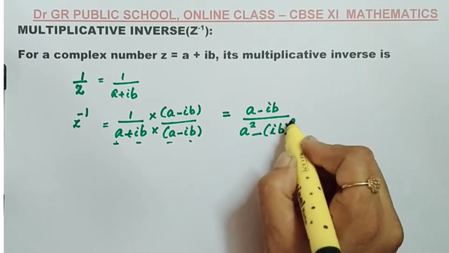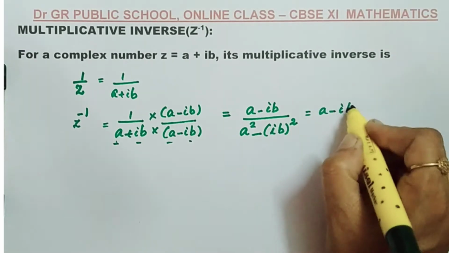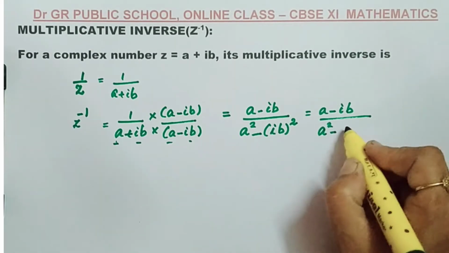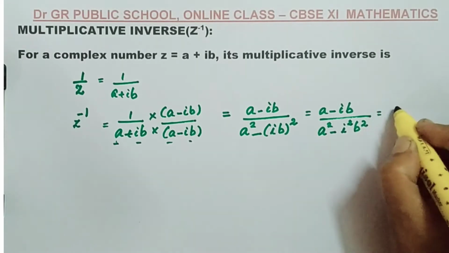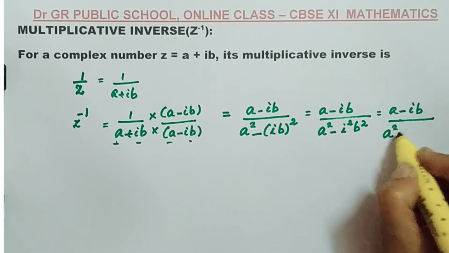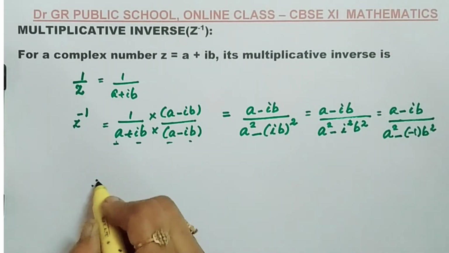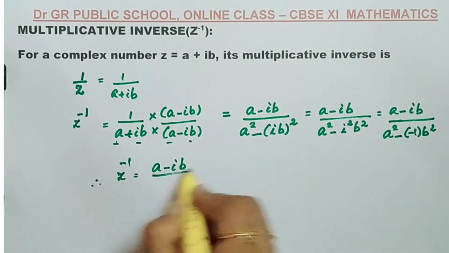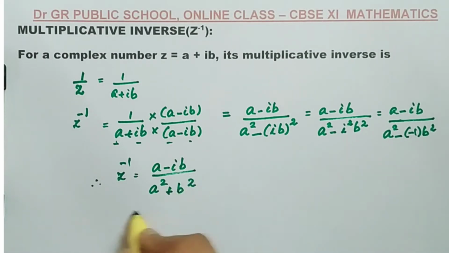So it is A minus iB divided by A square minus i square B square, which equals A minus iB divided by A square minus of minus 1 into B square. Therefore, Z inverse is obtained as A minus iB divided by A square plus B square.